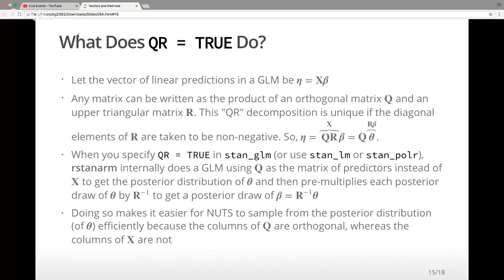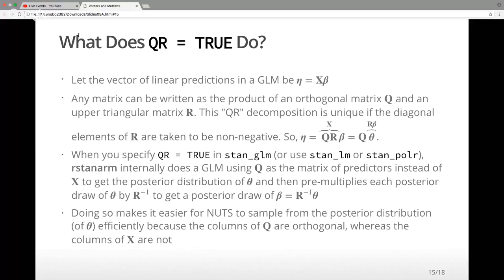So we're going to use the QR representation of X. And so if eta is equal to X times beta, we can write that as eta is equal to Q times R times beta. Or we can write that as equal to Q times theta, where theta is equal to R times beta, just by using properties of matrix algebra.